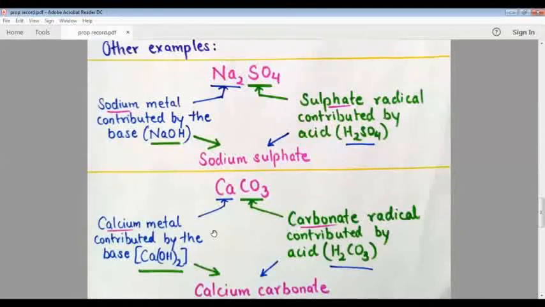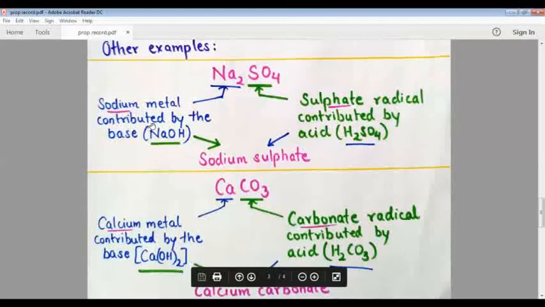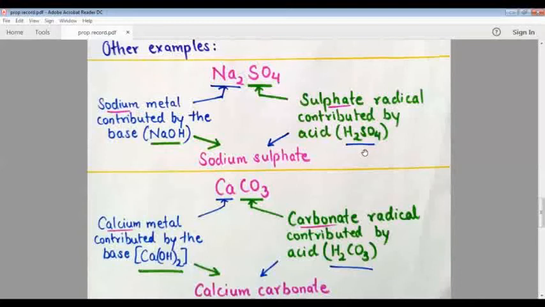Sodium can come from sodium hydroxide. And sulfate can come from sulfuric acid, because sulfuric acid also has a sulfate group, isn't it? So the name is sodium sulfate. Sodium is contributed by sodium hydroxide and the sulfate group is contributed by sulfuric acid.